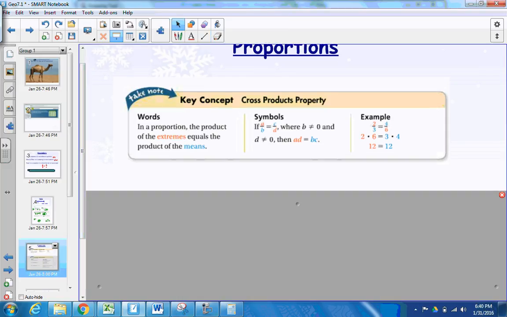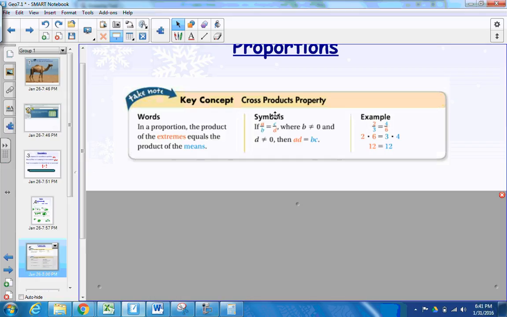It says in a proportion, the product of the extremes equals the product of the means. Now, if you learn it as means and extremes, basically it's just the opposite corners. All right. So the extremes would be the first and the last. The means would be the middle ones, the second one or the bottom one on the left, and the top one on the right.